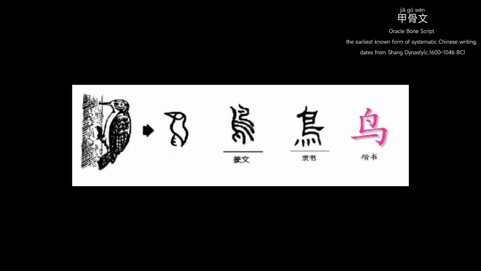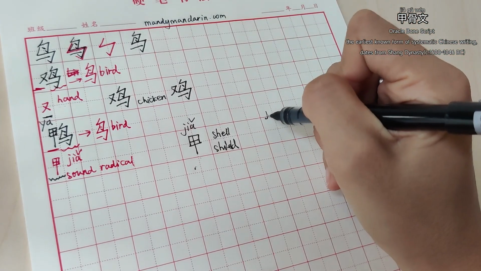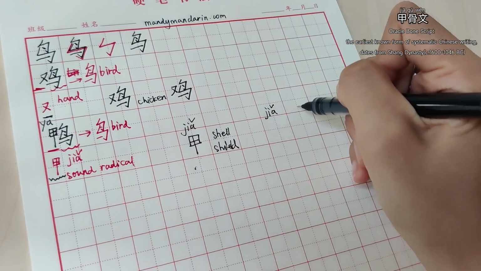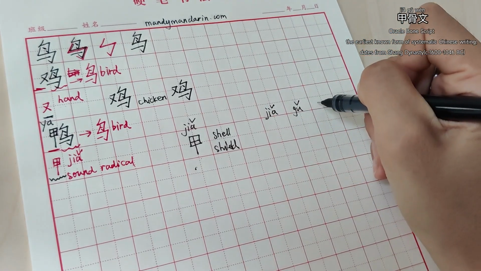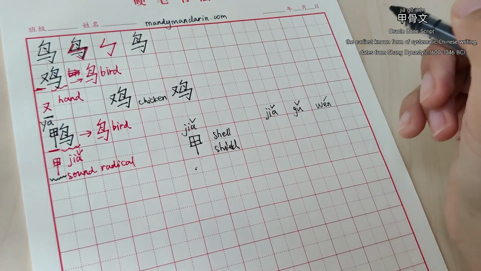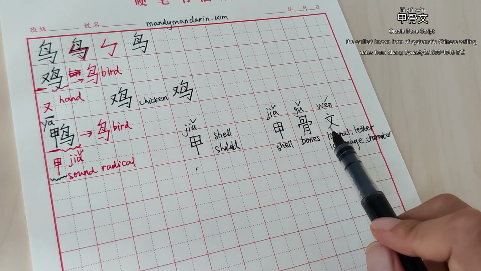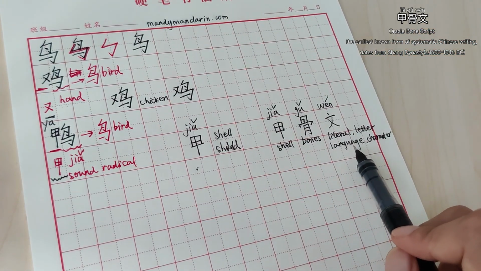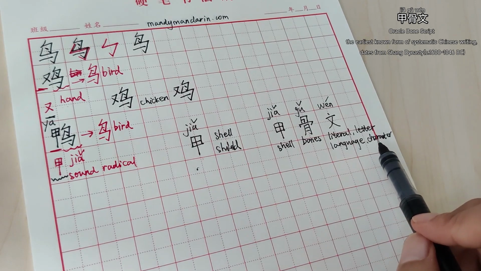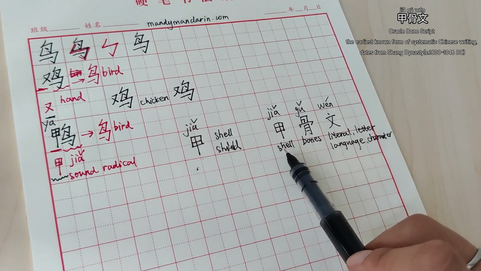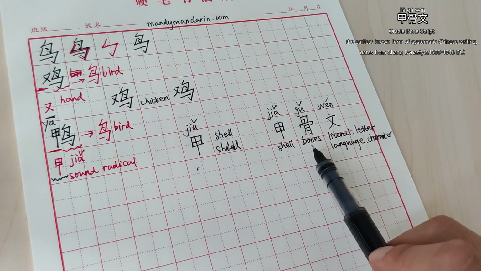And the very first script of hanzi is the oracle script. The oracle script is 甲骨文. So 甲骨文 means the language and the characters that are on shells and bones.